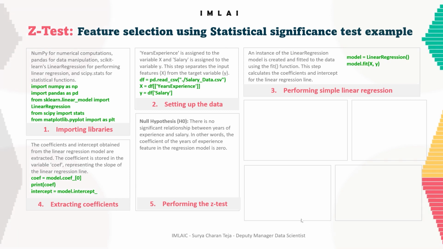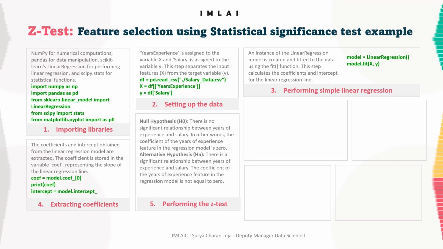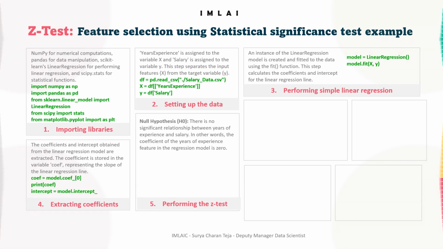Okay, so we'll begin the statistical significance test procedure from now onwards. Whatever we have done so far was modeling. Now it's time for the statistical significance test. Let's begin by formulating the null hypothesis and then the alternate hypothesis. That's where our process starts. The null hypothesis says there is no significant relationship between years of experience, which is x, and salary, which is our target variable.